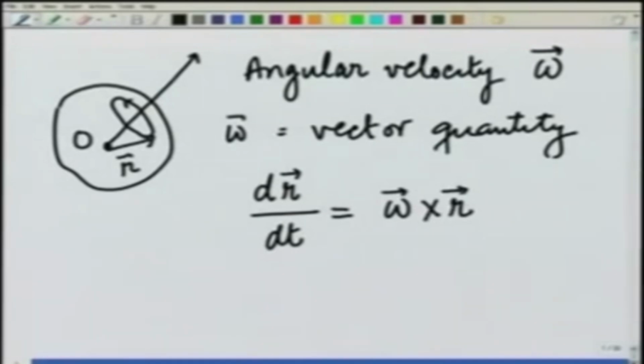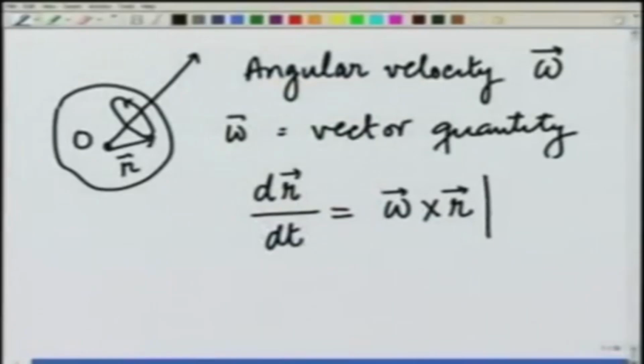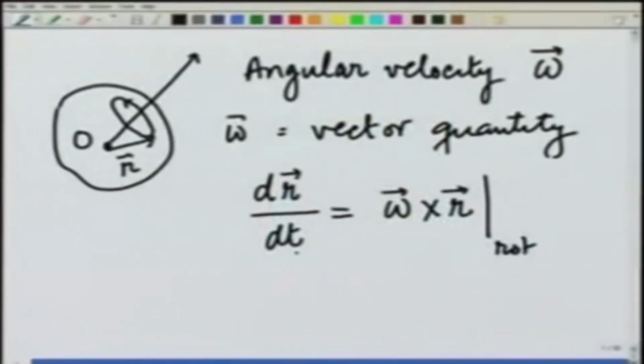We have fixed the convention of direction of omega, and this is purely by rotation. The direction of omega is such that if the body is rotating along the fingers, the thumb gives the direction of omega. This equation is true for any vector, not just r.